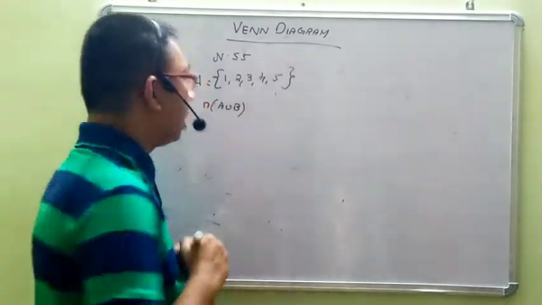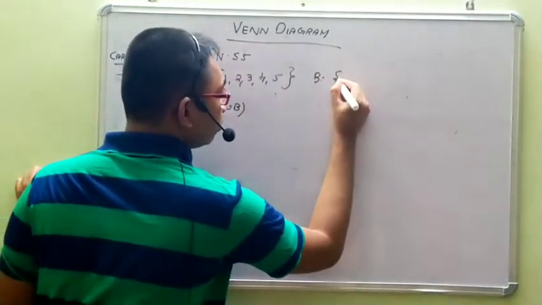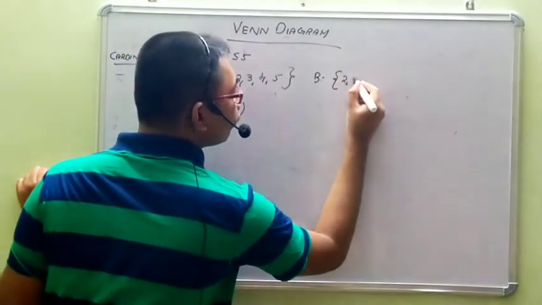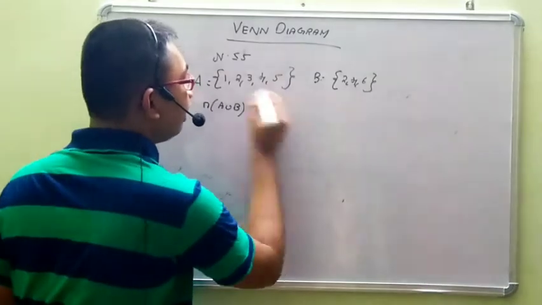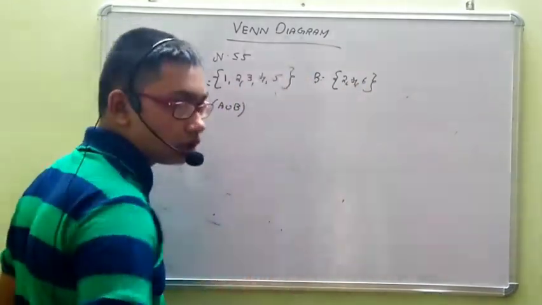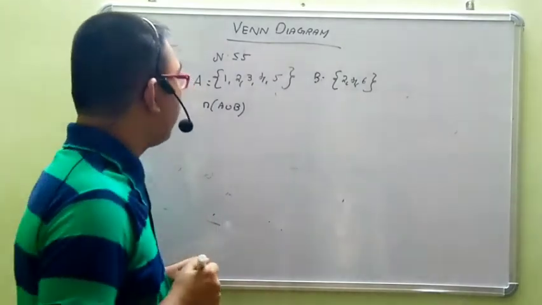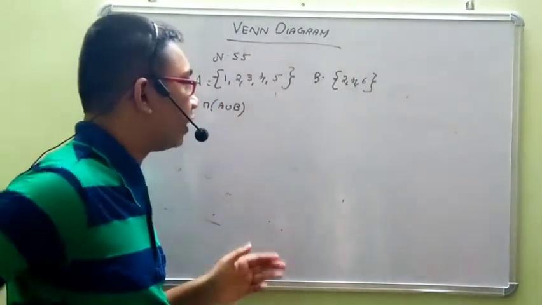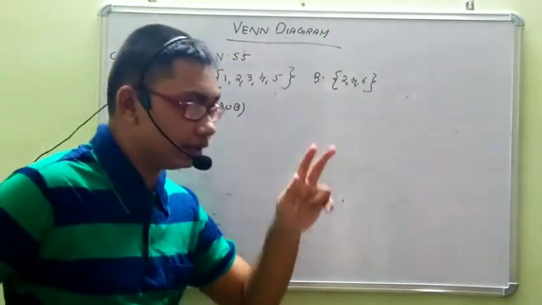How do we do it? Let's say A is 1, 2, 3, 4, 5 and B is 2, 4, 6. So, A union B will be 1, 2, 3, 4, 5, 6. It will have 6 elements. But when you add the number of elements of A and B, you get 5 plus 3, which is 8.